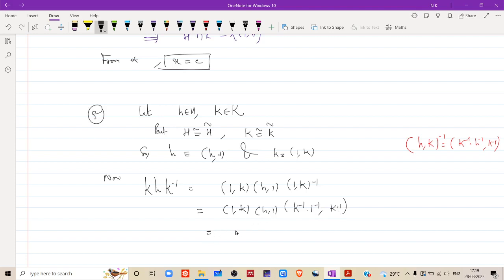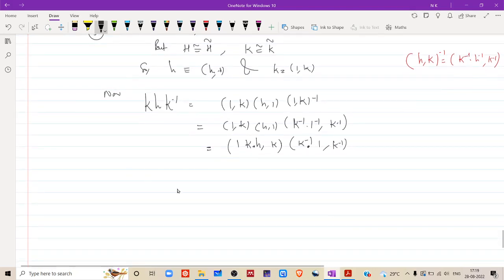What is (1, k) into (h, 1)? It is simply (1 into k dot h, k into 1), that is k, and then into (k inverse dot 1 inverse, k inverse), where 1 inverse is 1.